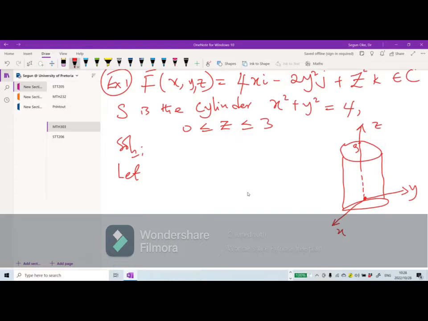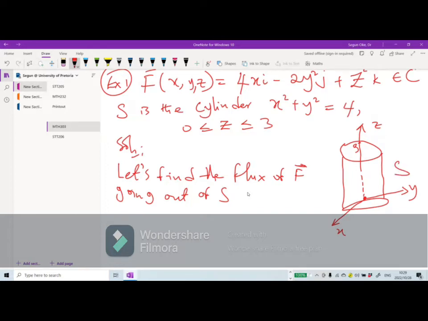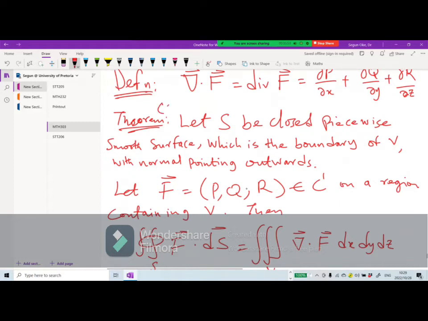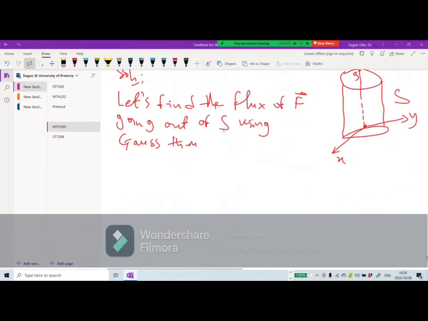So let's find the flux of F going out of S using the Gauss theorem. Using it, we have the formula to solve it in this form.